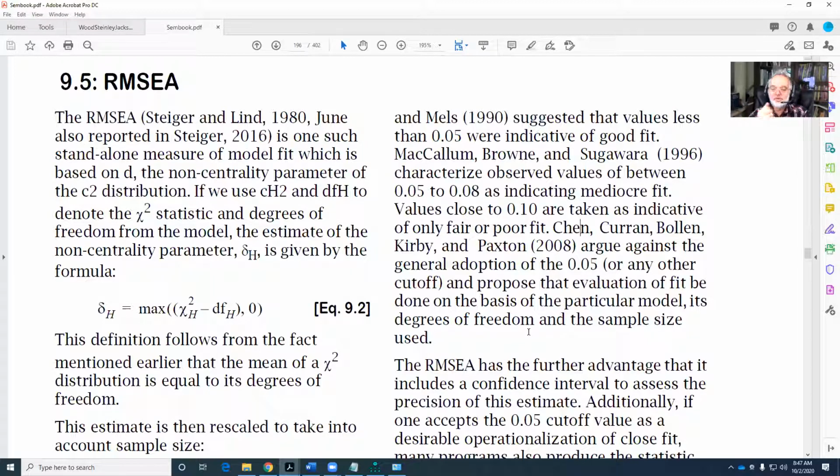My advice to you is the RMSEA is probably interpretable relative to the substantive area that you're looking at. For example, if you're looking at behaviors that are extremely well defined, say cigarette use, or things like verbal ability, or standardized tests, you will probably observe RMSEAs that are very, very low.